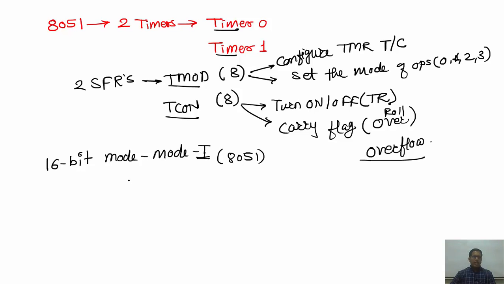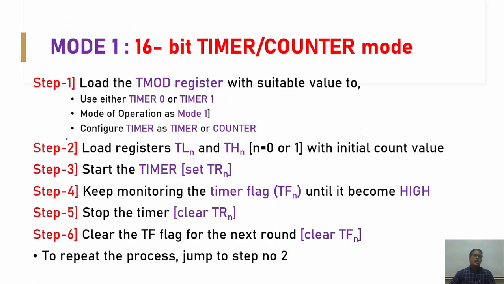As we know, in 16-bit timer mode, that is mode 1, we are going to make use of all 16 bits of the timer, and as per our use we can use either timer 0 or timer 1 for operation.